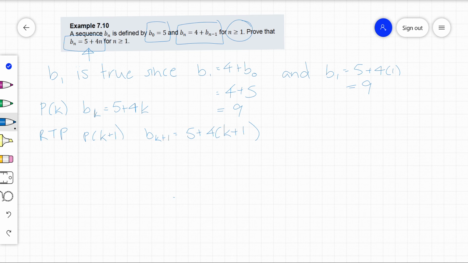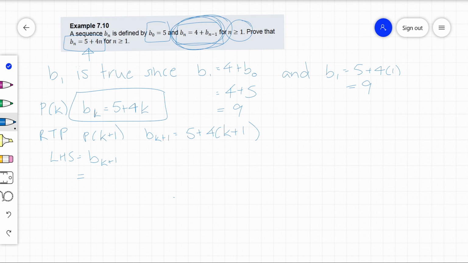Alright, so let's have a look at our left-hand side, which is B of k plus 1. Now, remember, we want to use P of k, so in order to do that, we want to use B of k. And so in order to do that, we're going to have a look at our sequence, because that brings the B of k into the B of k plus 1.